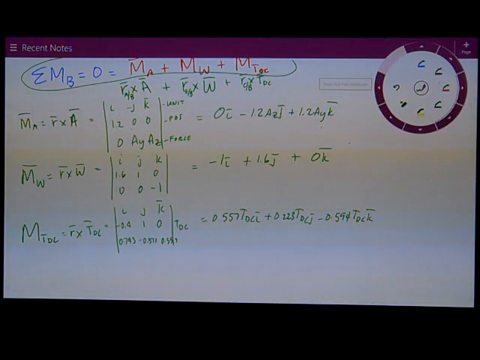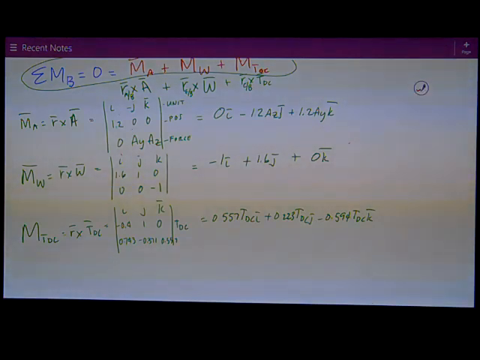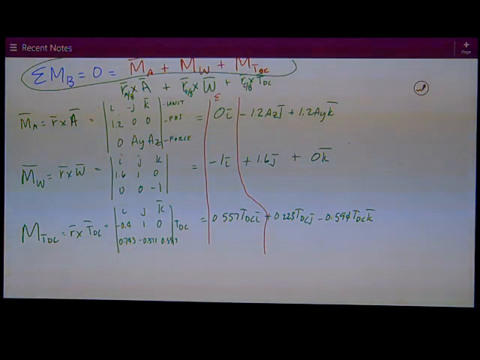Now I'm ready to solve it because I see here, by doing it in columns like this, these are the sum of the moments about the x-axis. So that column is the sum of the moments about the x-axis. This column is the sum of the moments about the y-axis.